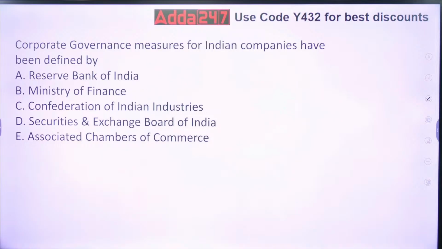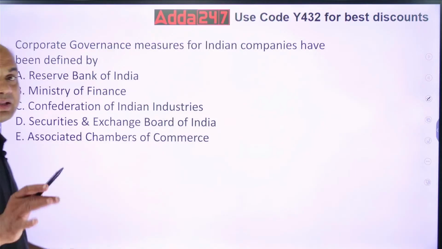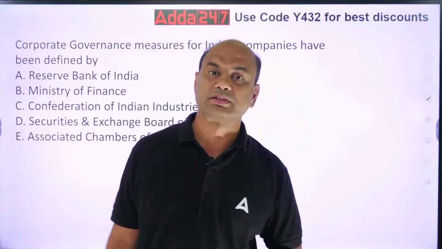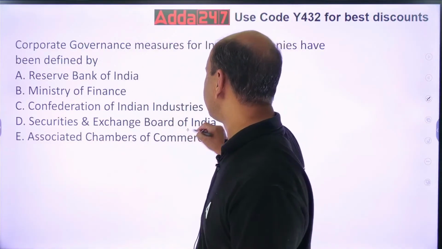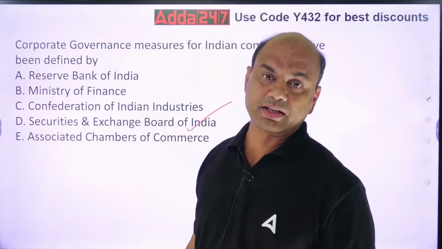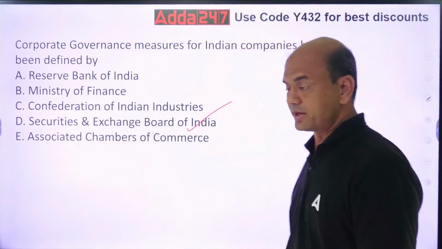Basel 3 is a major part and covers mainly this corporate governance. So who defines the corporate governance rules? It is defined by SEBI, Securities and Exchange Board of India. Okay?